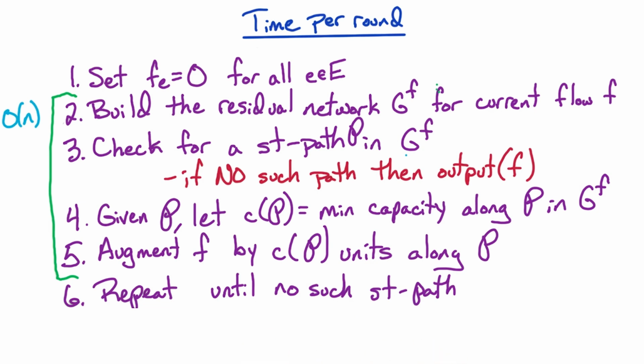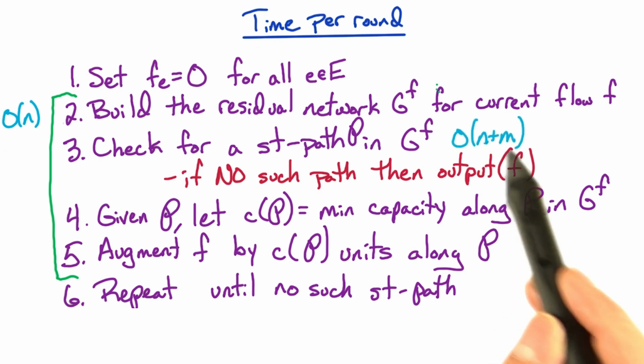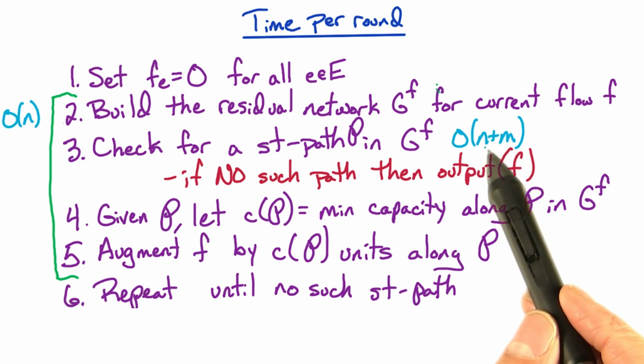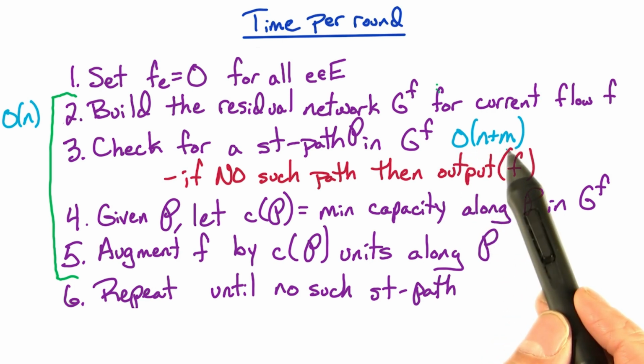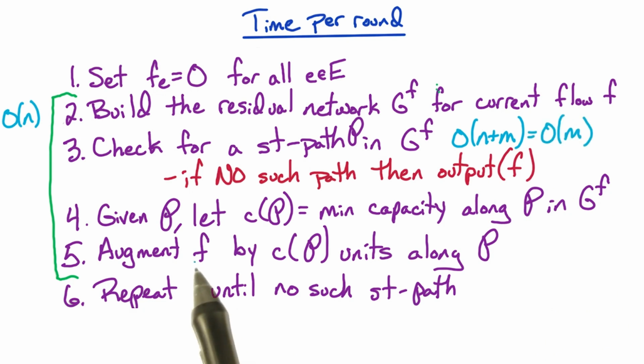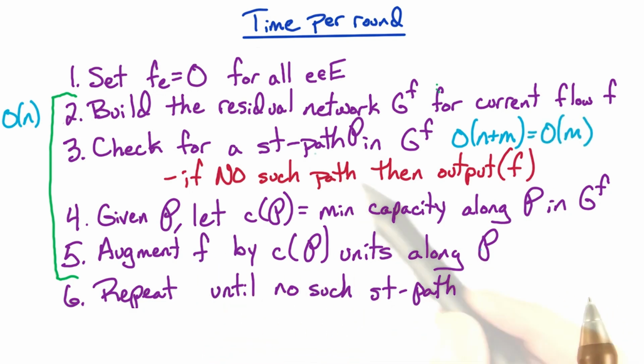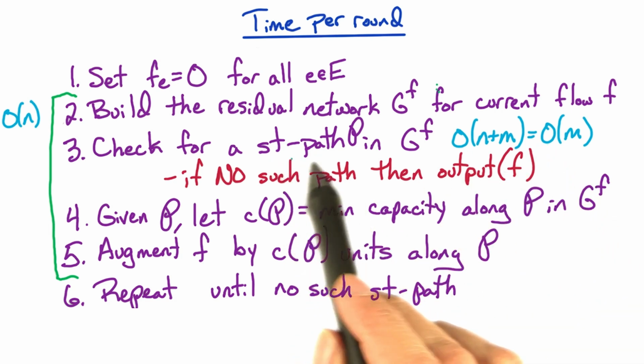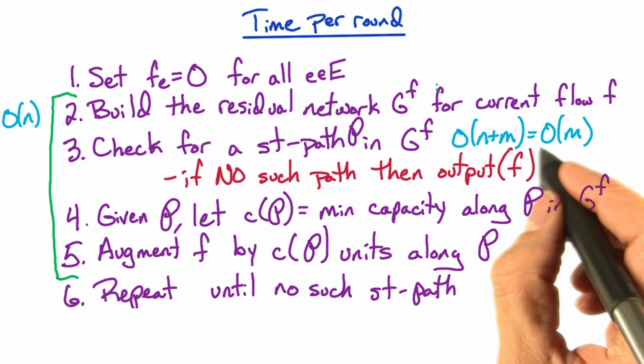The running time is linear, order n plus m. N is the number of vertices, m is the number of edges. Let's assume the number of edges is at least n-1, then this is bounded by order m. And also augmenting the flow along this path also takes order n time. So 1 round of the algorithm is dominated by this checking for an ST path, which takes order m time.